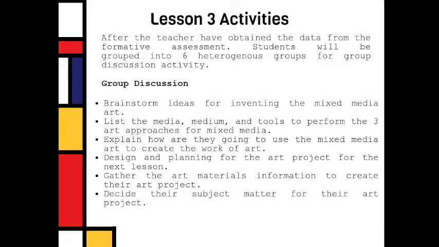So the group discussion includes brainstorming ideas for inventing the mixed media art, listing the mixed media mediums and tools to perform 3 art approaches for mixed media, explaining how they are going to use the mixed media art to create the work of art of their own, and then designing and planning the art project for the next lesson. They gather the art material information that they are going to use to create their art project, and decide their subject matter for the art project.